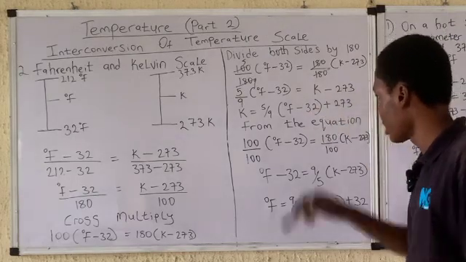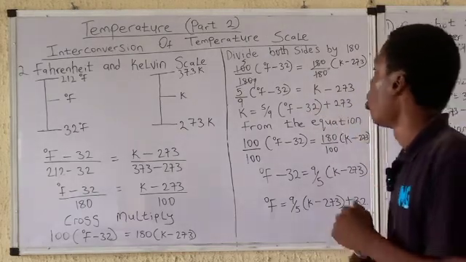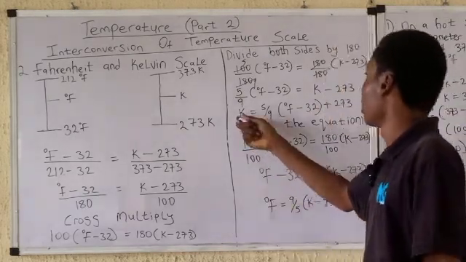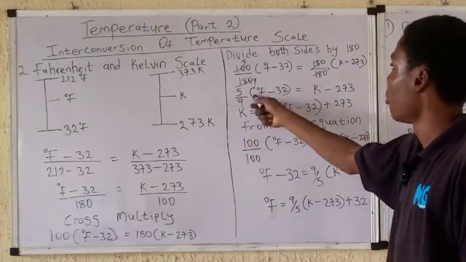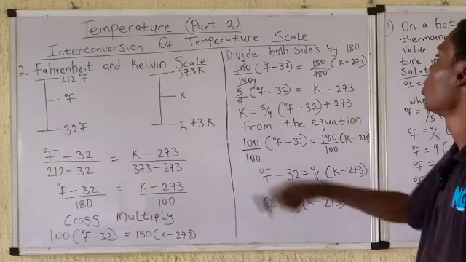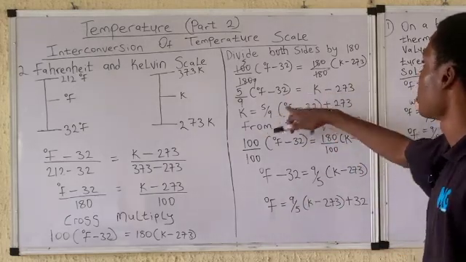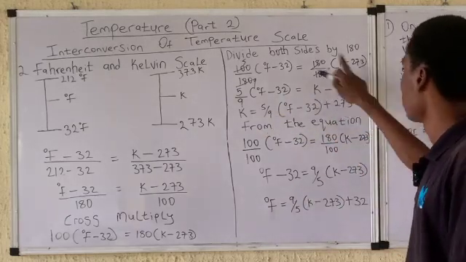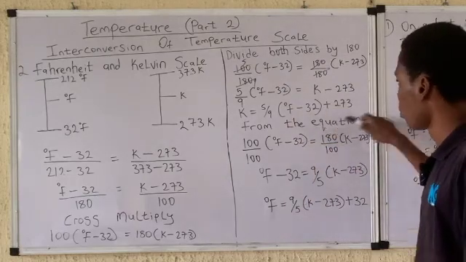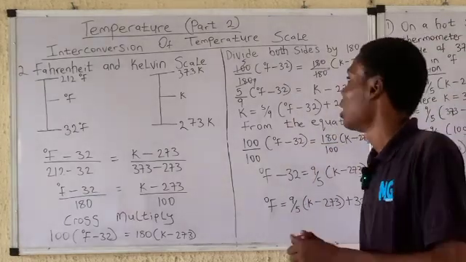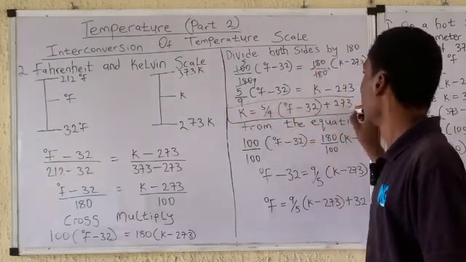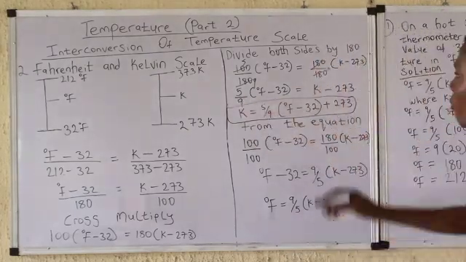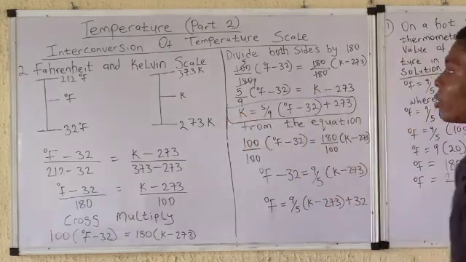So our final answer for deriving the formula of Kelvin is Kelvin equal to 5 over 9, which is this, in bracket F minus 32. Then this minus 273 will come to the opposite side, which is plus 273. Now this is the formula we derive for converting from Fahrenheit to Kelvin.